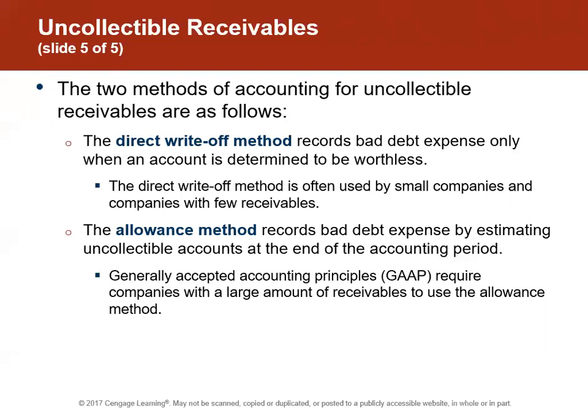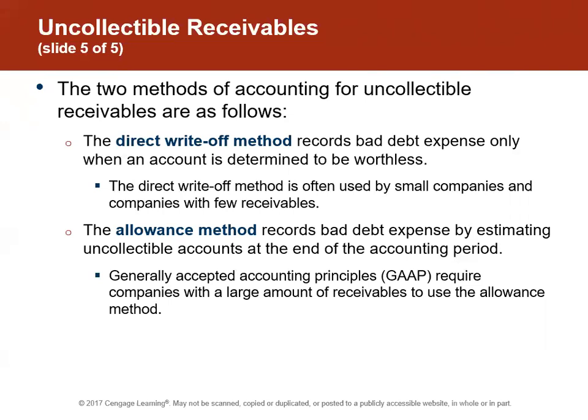So the direct write-off method is really easy. You literally just find the accounts that you don't think are going to pay and you clear off their accounts receivable. But the caveat of that is we cannot use it if we're in corporate accounting. So if we're a publicly traded corporation, we have to follow GAAP, right? The generally accepted accounting principles.